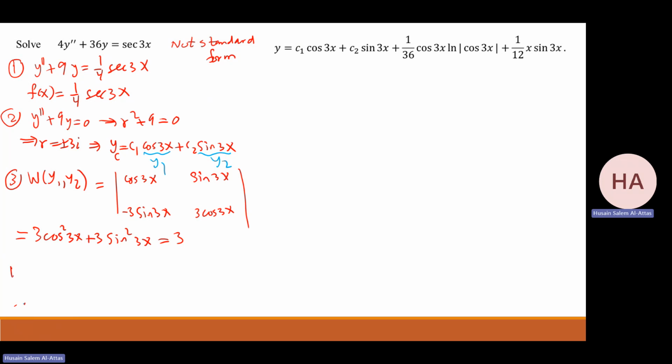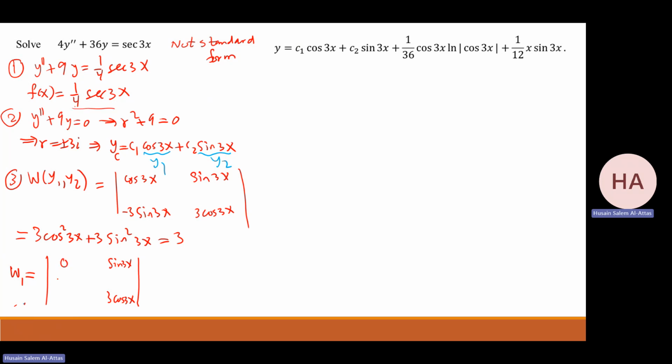I'll find W1. What is W1? W1 will be, what I will do, this will be the same, but I replace the first column by 0, f of x. What is f of x?